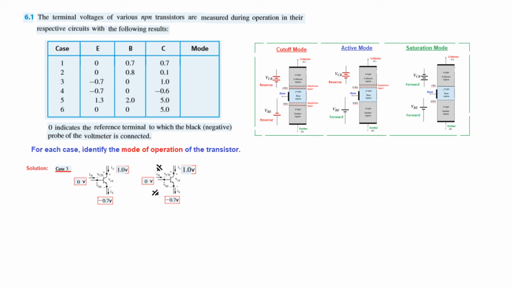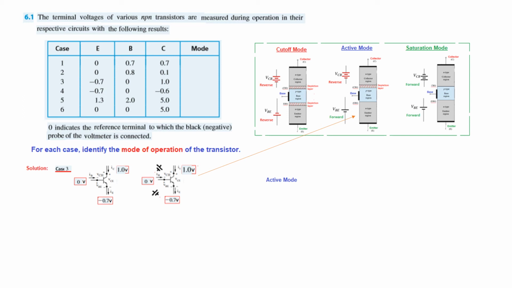Since this is negative and this is 0 at higher potential, we have to connect a battery like this, positive at the top, negative here, and since this is 1 and this is 0, again a positive of the battery at the top and negative at the base side. So this will now look like this circuit here, this battery, and similarly the battery. So this is the active mode case. So we can say that case number 3 is an active mode.